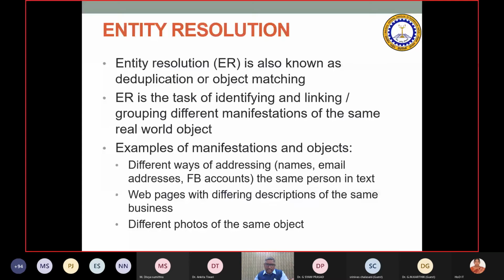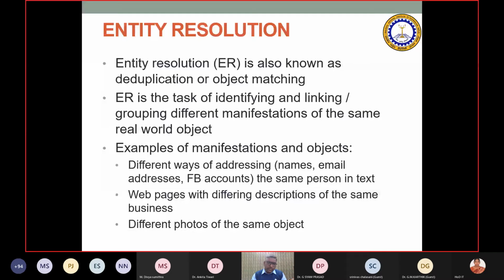Entity resolution is the task of identifying and linking or grouping different manifestations of the same real world object. Examples of manifestations are different ways of addressing, maybe names. Sometimes I am called E.S. Pilli, sometimes I am called Emmanuel Shubhakar Pilli, sometimes I am called Emmanuel S. Pilli. So there are different ways a person can be addressed.